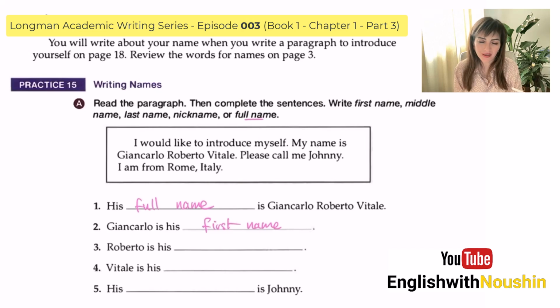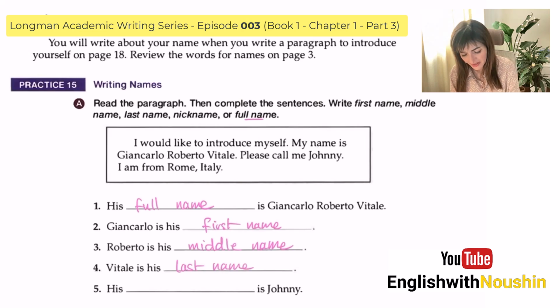When I'm done with my Turkish and my Spanish, then I'll start learning Italian. For now, Roberto is his middle name. Vitale is his last name. And nickname, remember nickname? His nickname is Johnny.